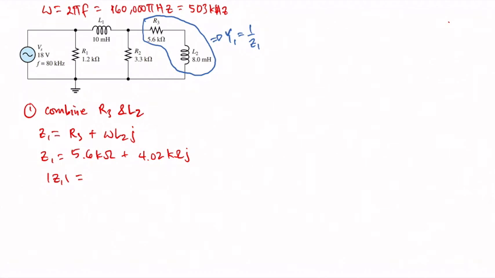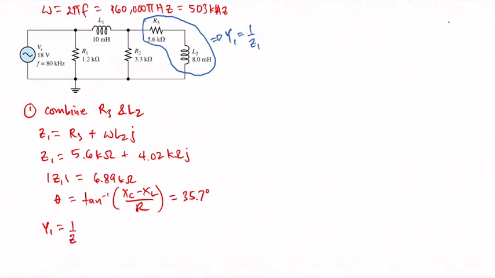Z1 is 6.89 kilo ohms, and its phase angle, if you recall, is XC minus XL over R, where XL is just your 4.02 kilo ohms. So this will give us 35.7 degrees.